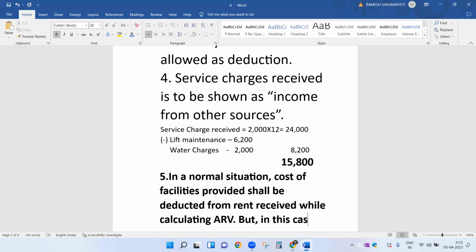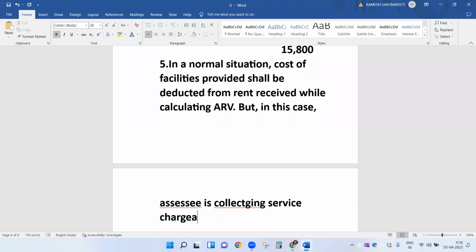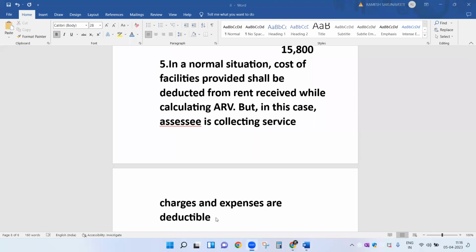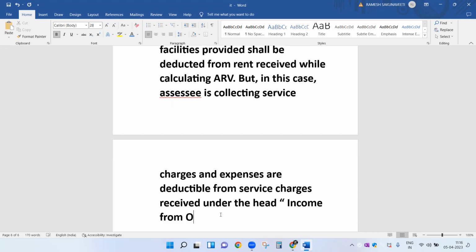But in this case, service charges and expenses are deductible from service charges received under the head. Yes, what is that head? We have done, no, under the head.